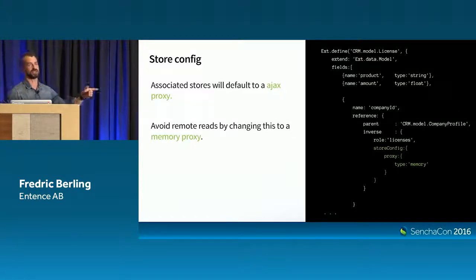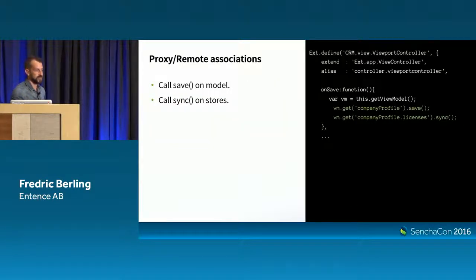There's probably tons of stuff you want to configure on that store, and you can do that in the store config. It will probably be replaced by something else in a later version. But in this case, we're configuring the proxy of the associated store to be a memory proxy, and it is not going to try to make any unnecessary calls. And when we save data here now, we're gonna. Where am I in time?